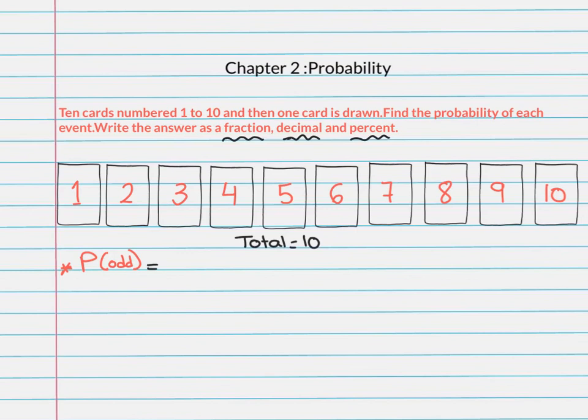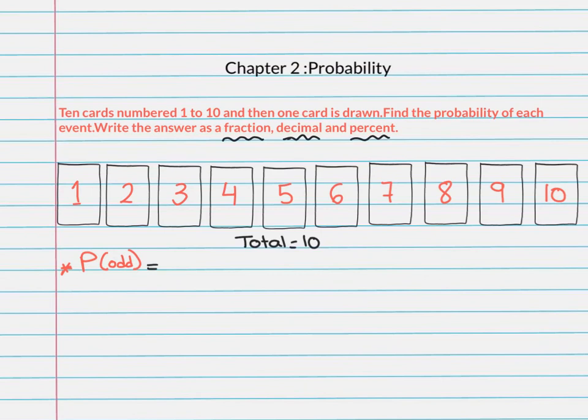Another example, find the probability of odd numbers. What's the probability when you draw a card and it would be odd? We all know that the odd numbers are 1, 3, 5, 7, and 9. So let's count how many odd cards we have. We have 1, another card, a third card, a fourth card, and a fifth card.